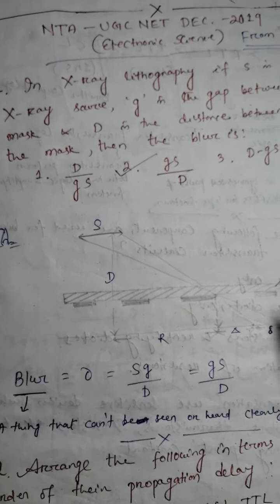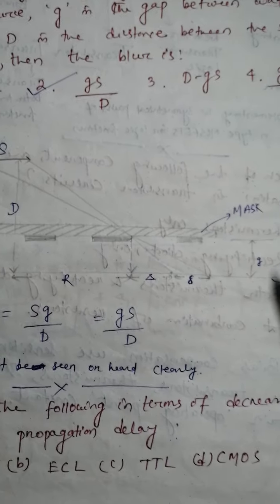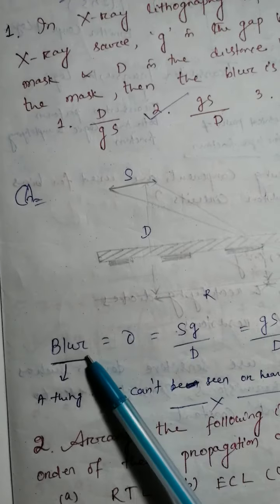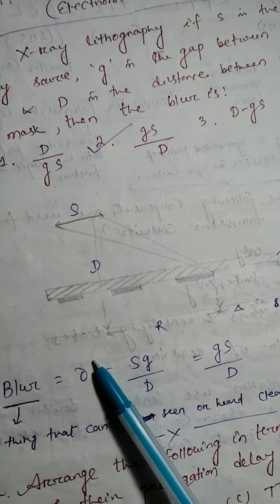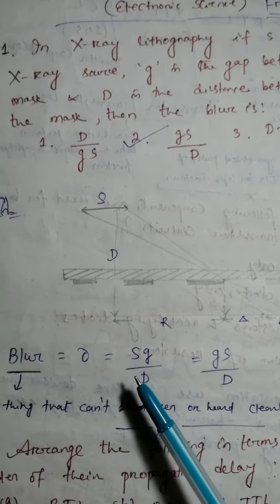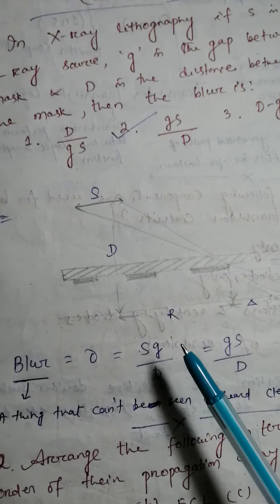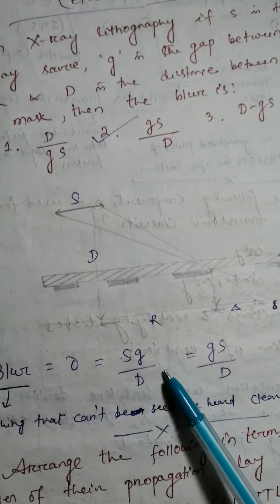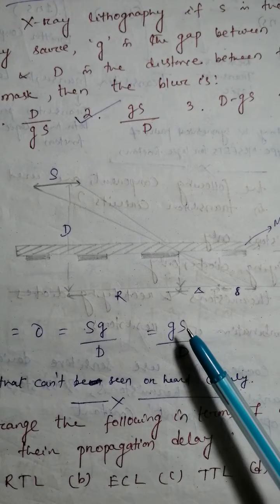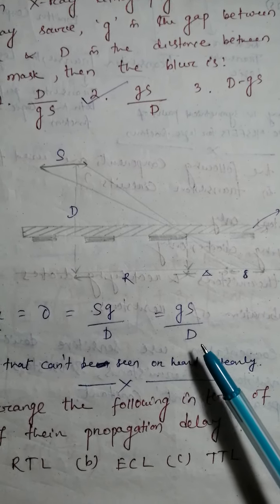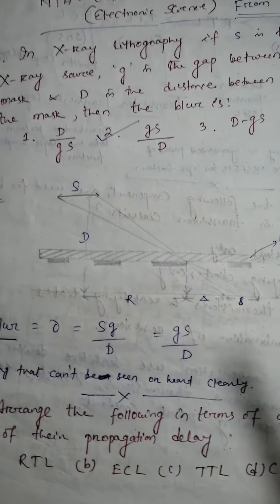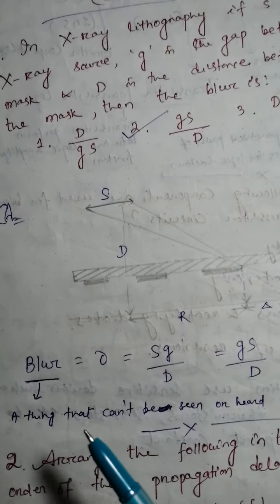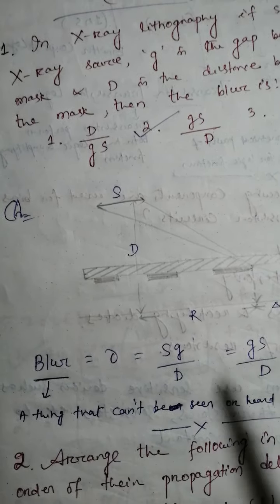So you can just remember from this picture that blur, which we denote by sigma, has the formula SG divided by D, or we can write it as GS whole divided by D. And what is blur?